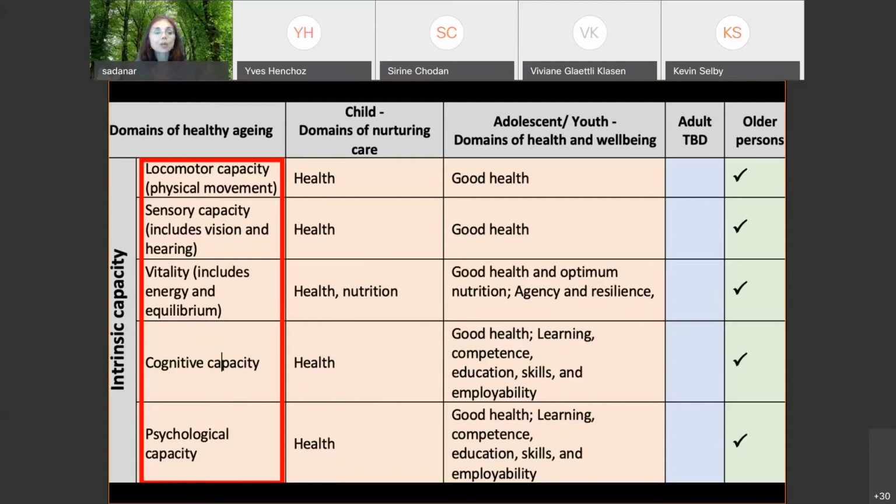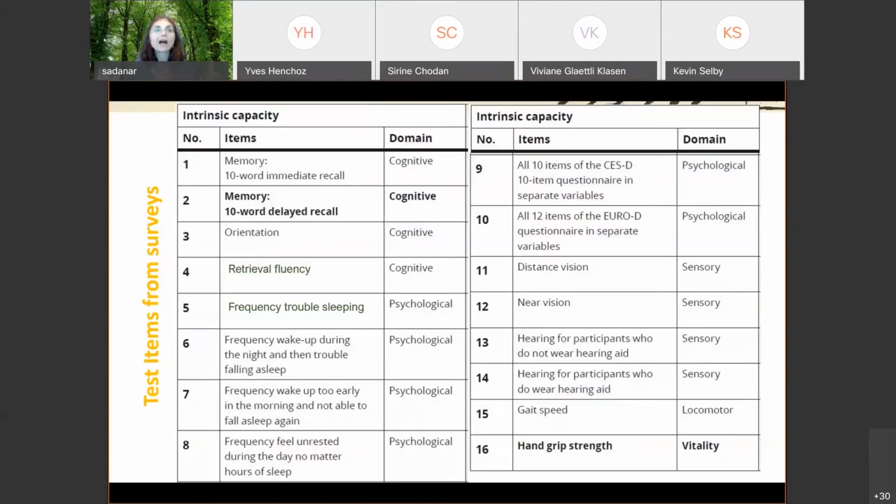So we've also gone through a range of surveys from around the world, both nationally representative as well as those that look at maybe more smaller clinical populations, to try to understand what are the different ways these domains have been assessed.